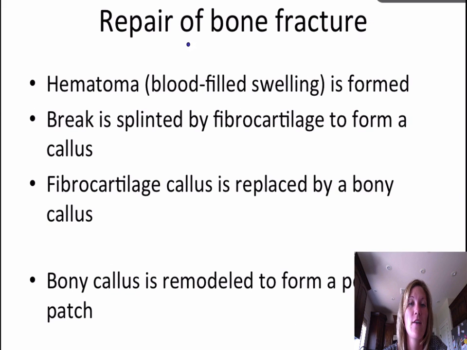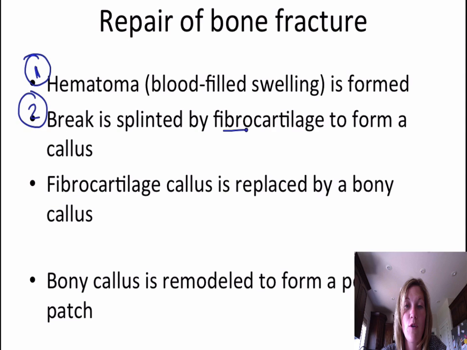Okay, so the repair of a bone fracture. I know that some of you like to write everything out step by step. Step one, we have a hematoma. A hematoma is blood-filled swelling. So that's the first thing that happens. Step two is the break is splinted by fibrocartilage.